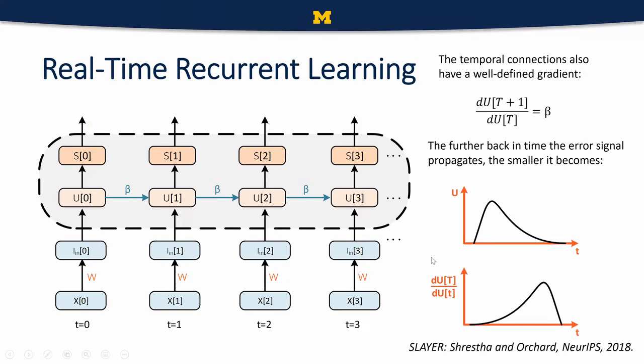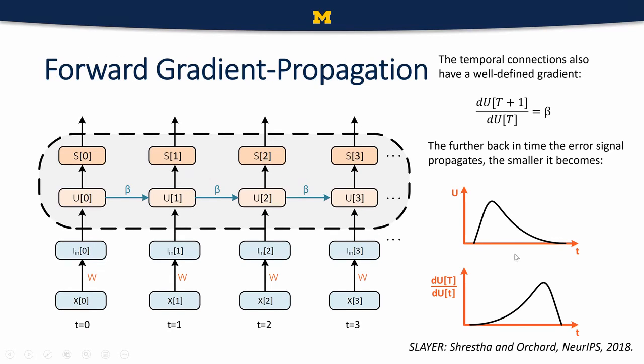Now, one final thing that I'm really excited to put out there, something that I'm currently working on, is this forward propagation of the gradient idea, which approximates backprop through time, where you take your real-time recurrent gradient and you do that update at every single time step, then you project your gradient through that beta. You scale that gradient through beta and you accumulate it with the next time step's gradient.